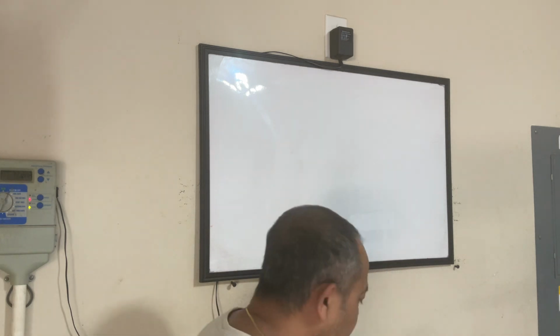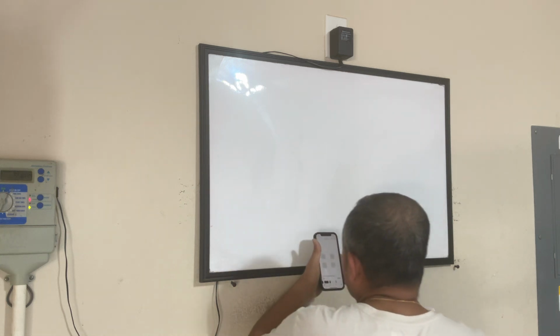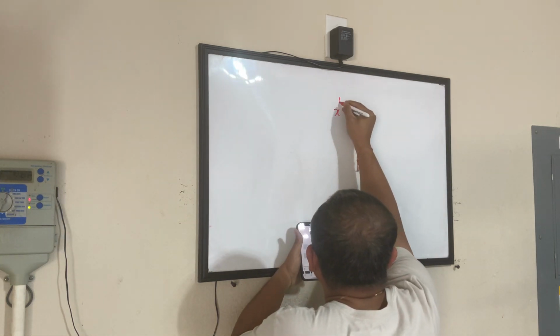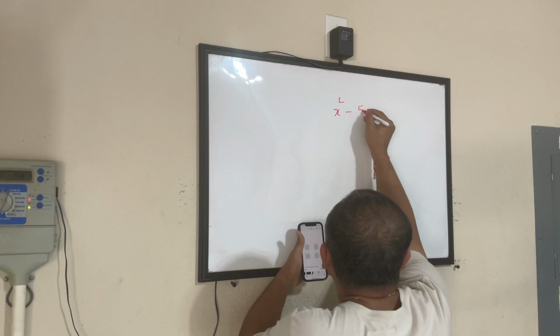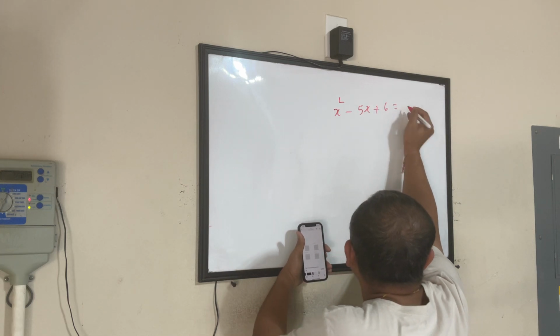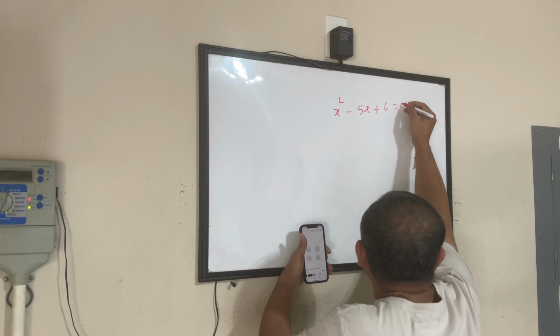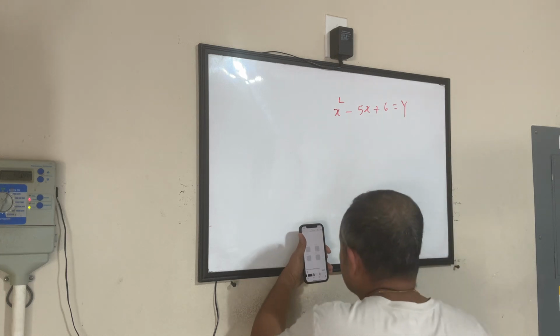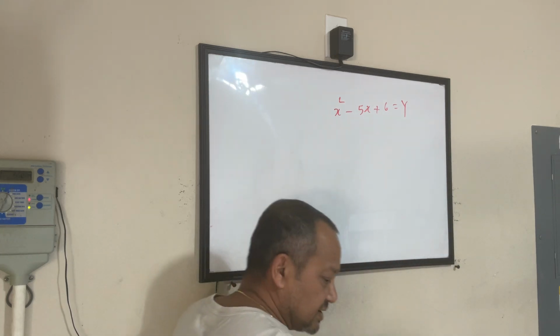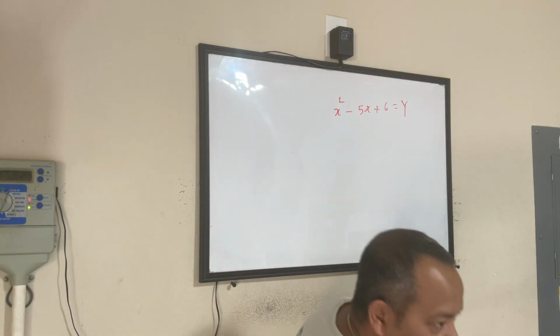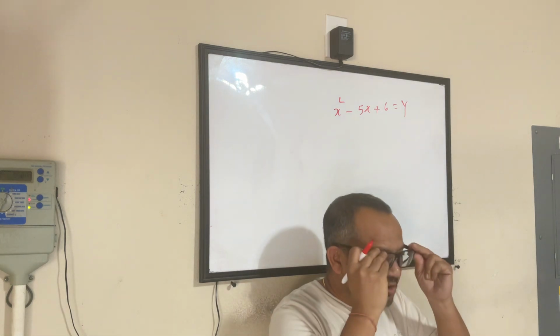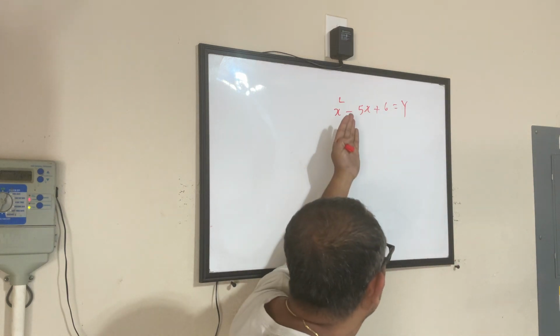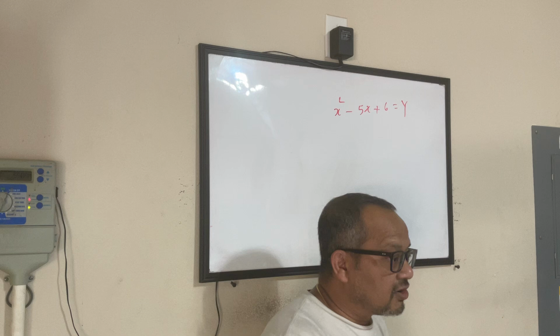I don't want you guys to solve the quadratic equation right now because we have not learned that, and that will be an overkill if you do that right away. Without learning something, if you try solving it, that would have been a problem. This is not 0. I would want you guys to consider this as y and then plot this. Because this assignment was all about plotting a quadratic equation in a coordinate plane.